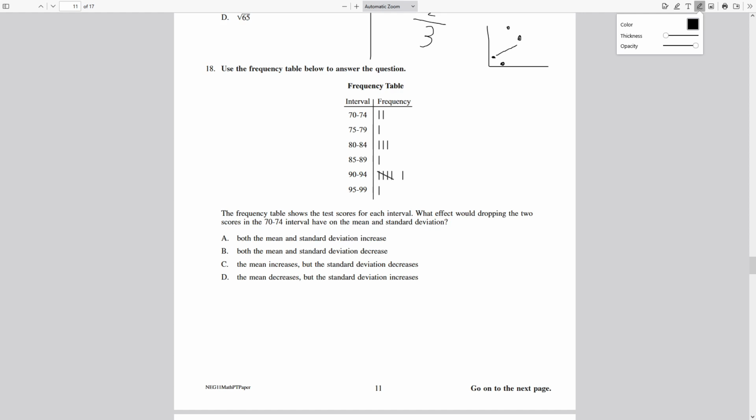Alright, so... 2 plus 1 is 3, 6, 7, 5, 6, 7 plus 6 is 13, 14. So it's 14 divided by 1, 2, 3, 4, 5, 6.